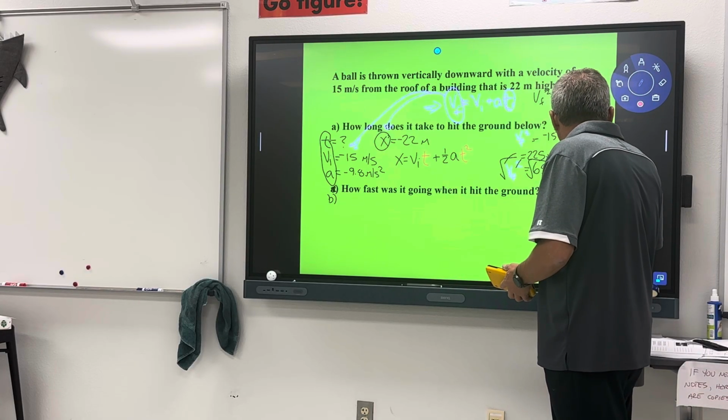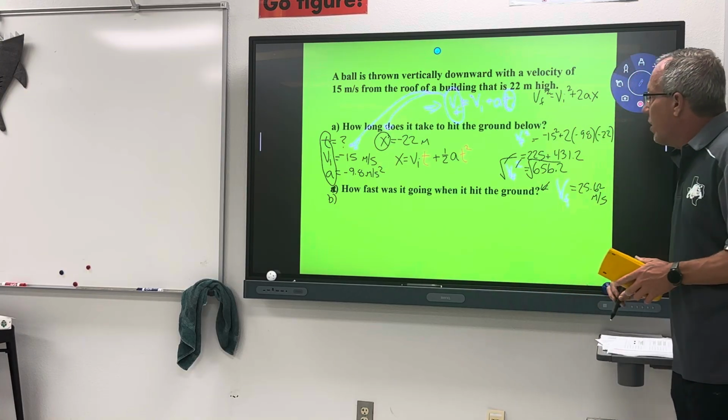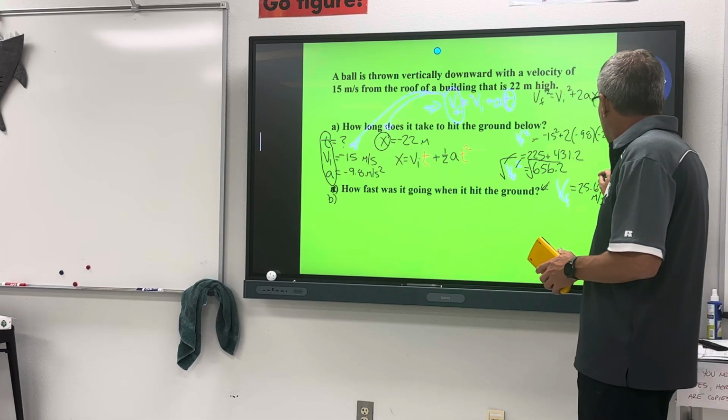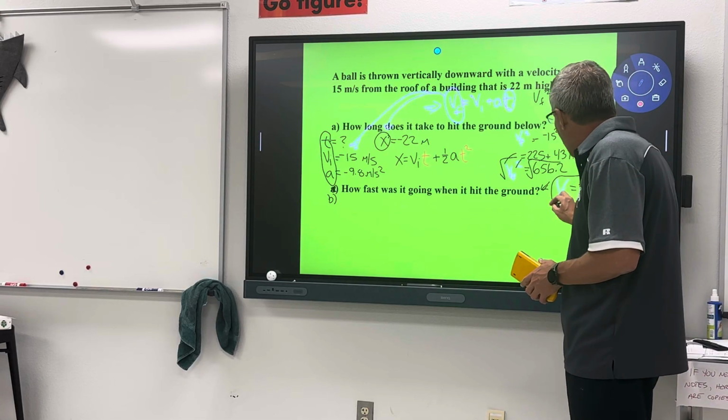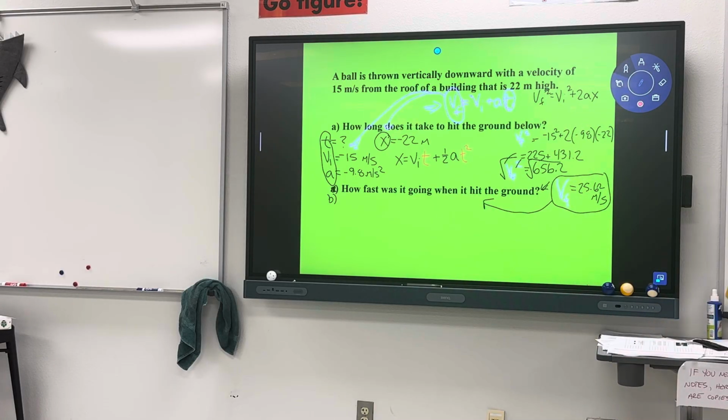So 25.62 meters per second, which is the velocity it was going to be when it hit the ground. So what we've done is we've already solved for this one, haven't we? All right, we've already solved for that one.